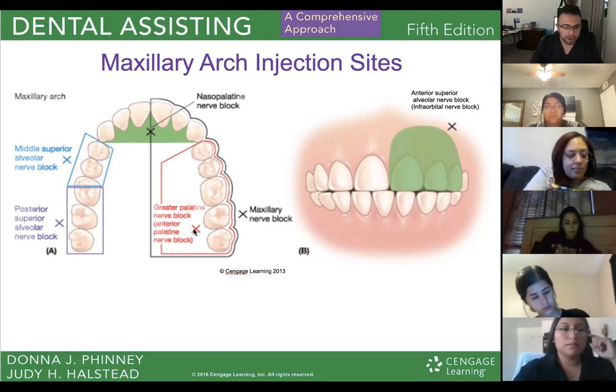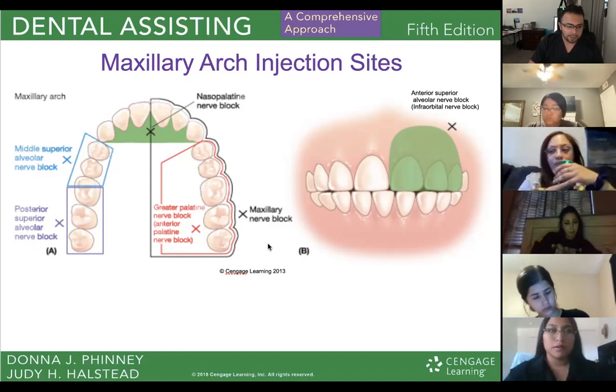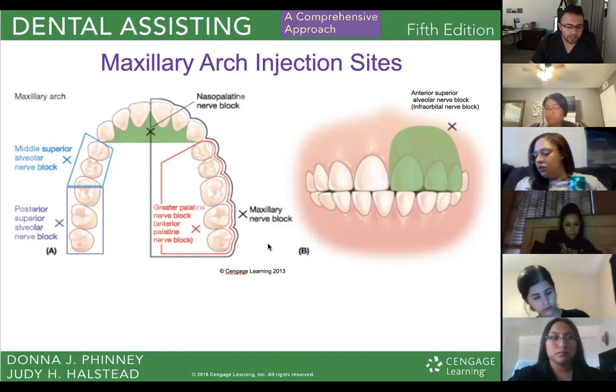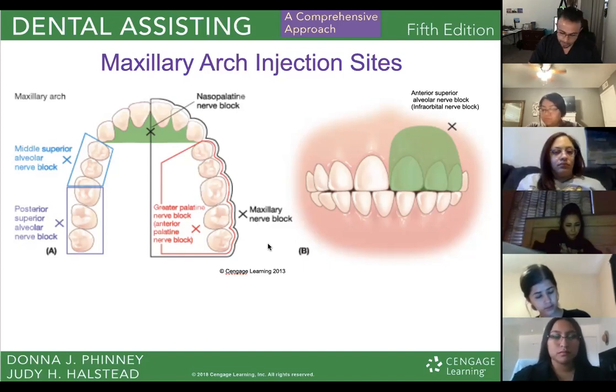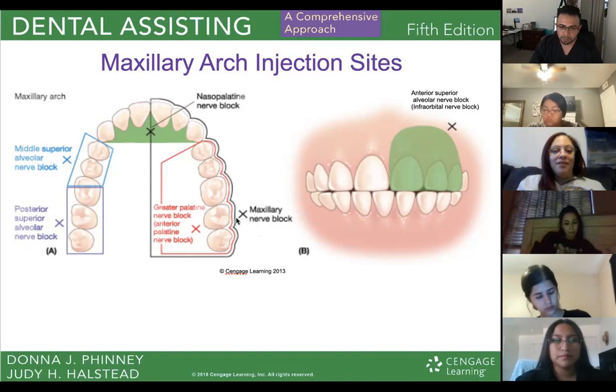Okay, the last one on this slide is the maxillary nerve block. The injection site is at the height of the mucobuccal fold above the distal of the maxillary second molar, so this area here.